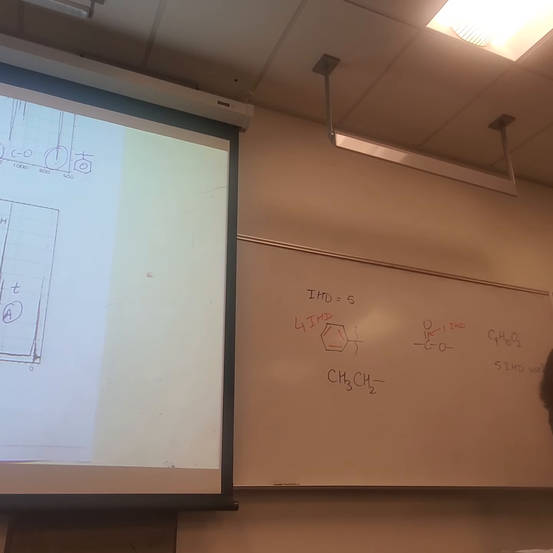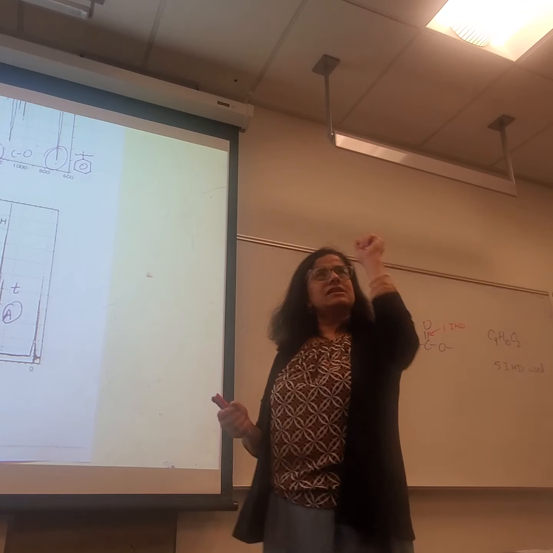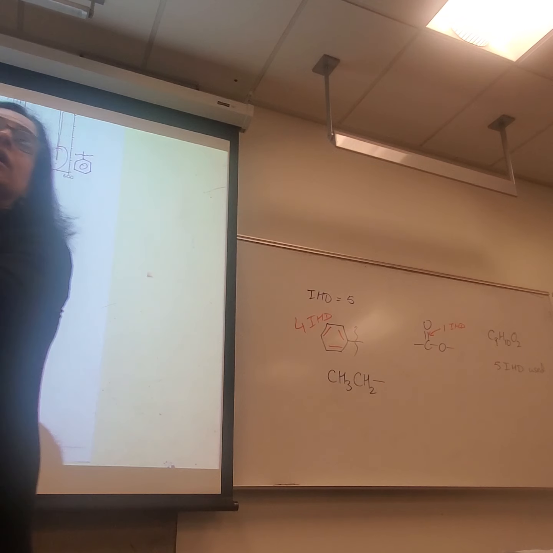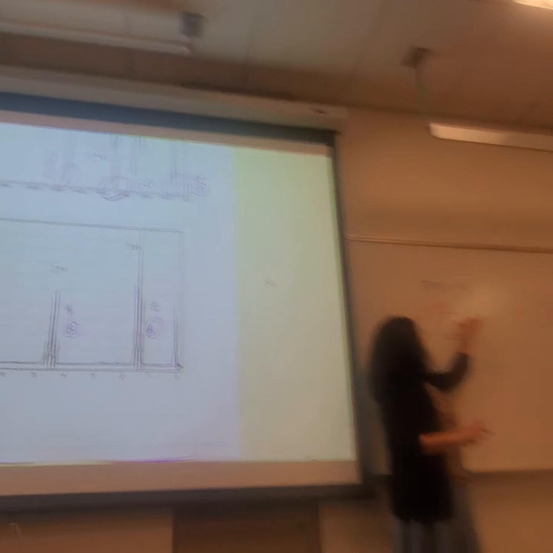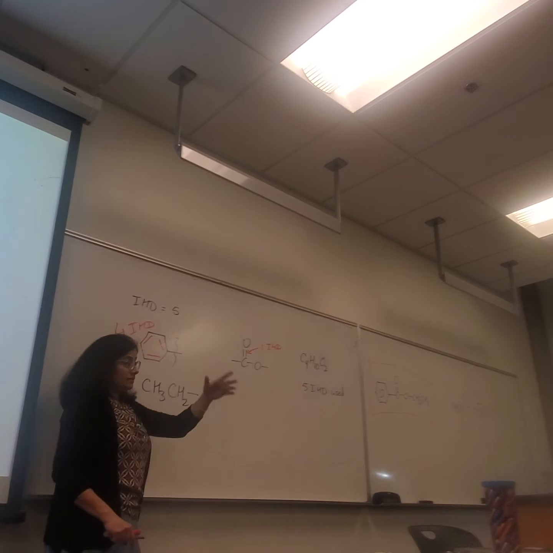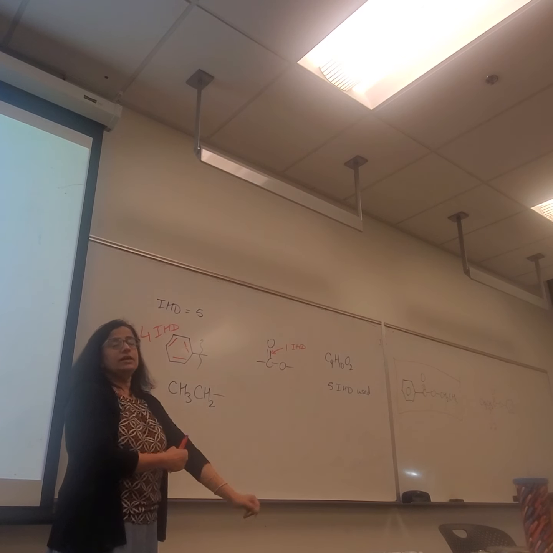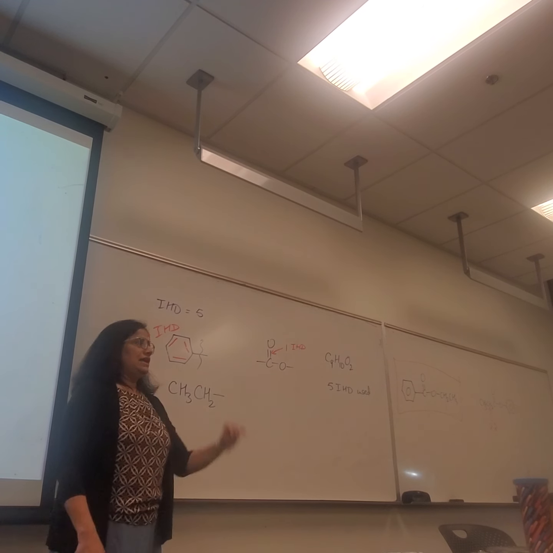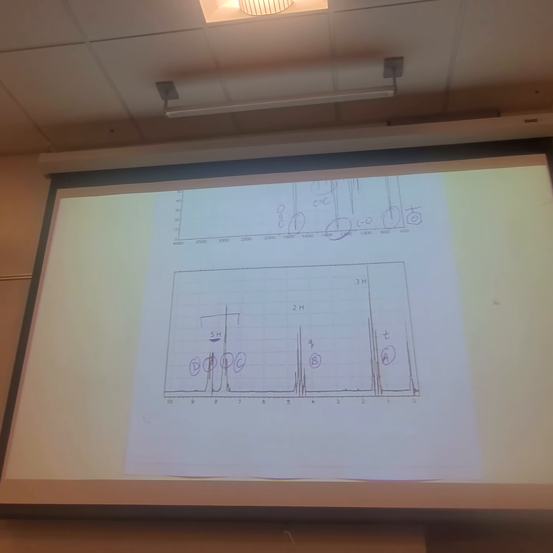Was it talking about the 5 bonds? Yes, every ring is an IHD, every pi bond is an IHD. An IHD basically means it's either a pi bond or a ring. So because there is a ring and pi bond, absolutely, yes. The ring counts as 1 IHD and every pi bond counts as 1.